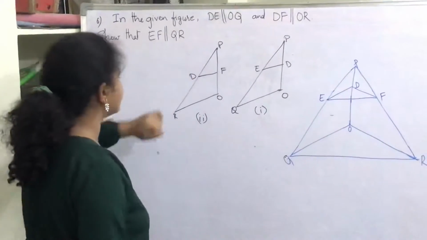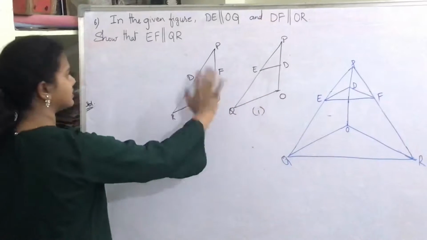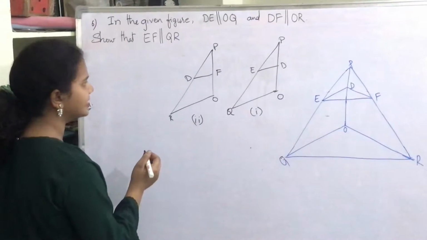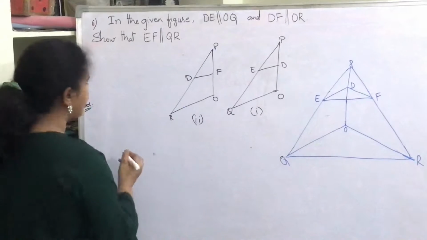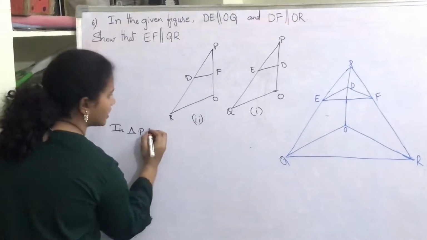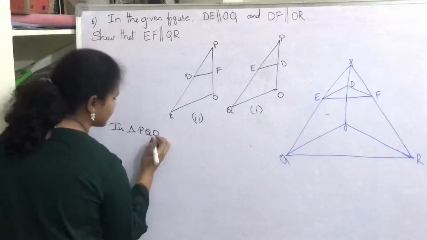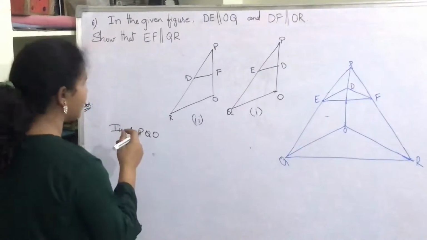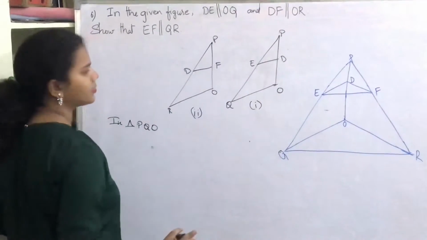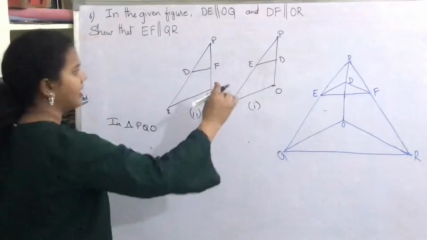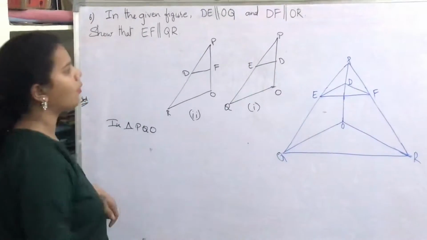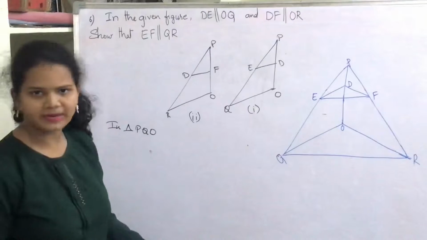Firstly, in triangle PQO, DE is parallel to QO, then these two sides PQ and PO are divided in the same ratio.